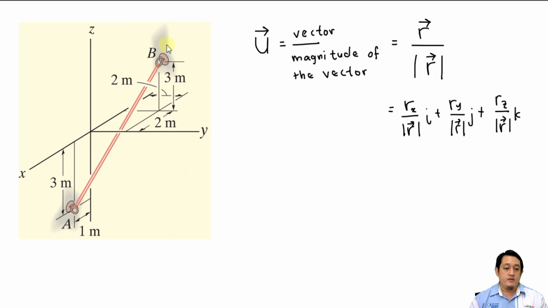As you can see, we have two positions, point A and point B. Let's say we want to find the direction R from A to B. How do we find the direction?